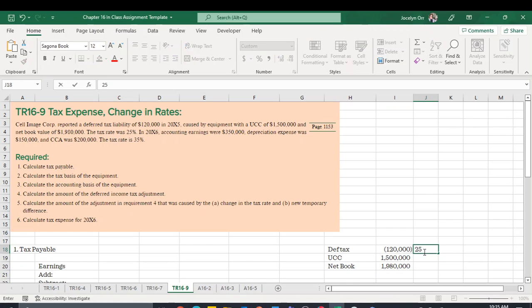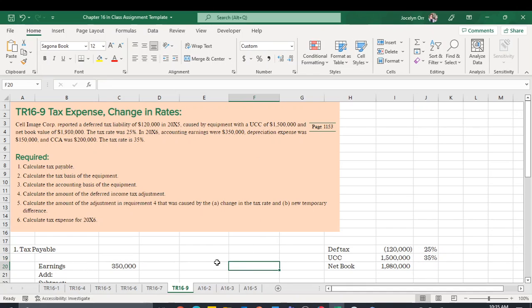We had a tax rate of 25%. And in 20X6, we had accounting earnings of $350,000. Depreciation expense was $150,000 and CCA was $200,000, and the tax rate is now 35%.